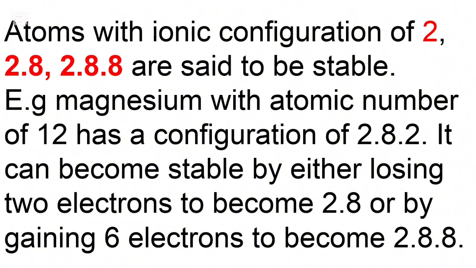Now, for example, magnesium with an atomic number of 12 has a configuration of 2.8.2. It can become stable by either losing the 2 outermost electrons or by gaining 6 electrons to become 2.8.8.